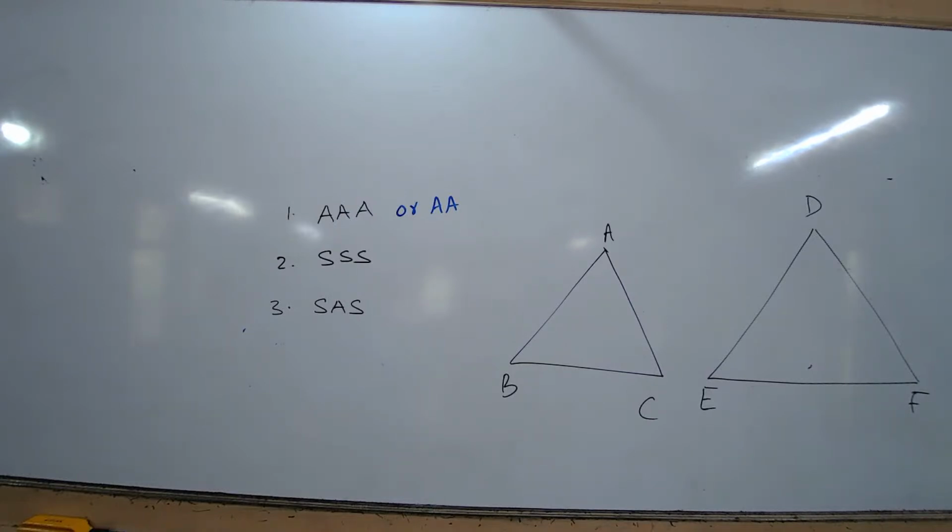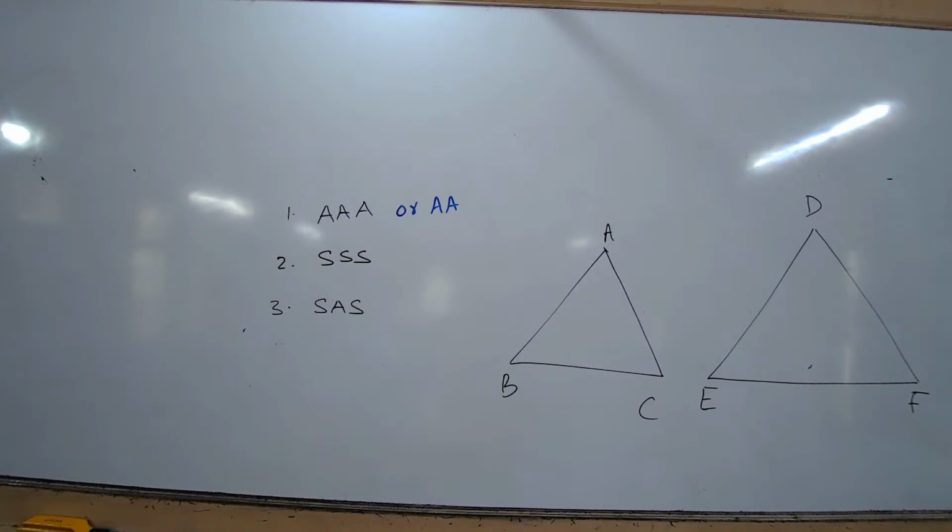Riddhi. SAS. AB upon DE should be equal to AC upon DF. Shirisha. AB upon DE is equal to AC upon DF, and angle A is equal to angle D. So complicated to tell now.